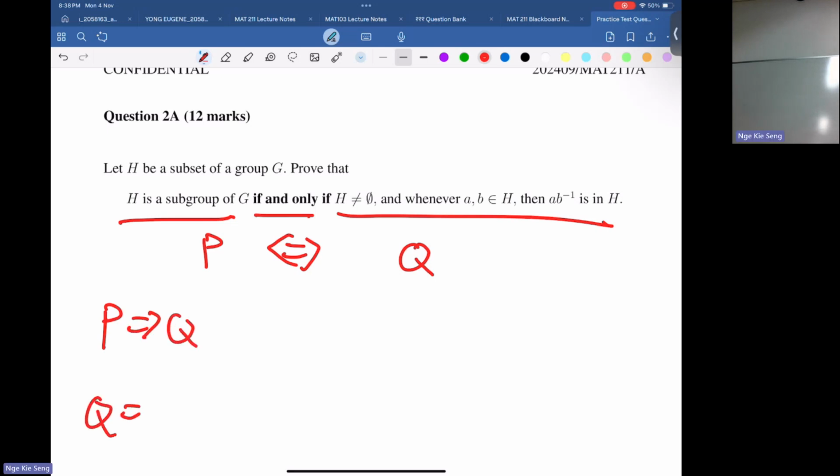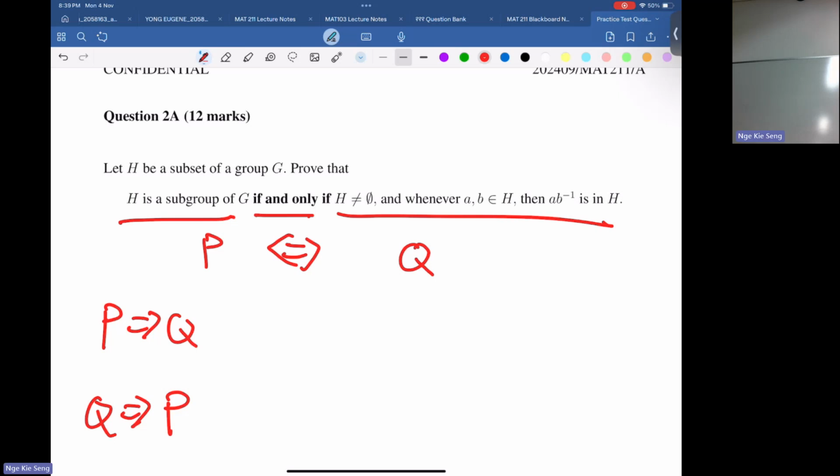Good. If you want to do P implies Q, what do you need to do? You need to prove 2 things: H is not empty, and whenever A and B are in H, then AB inverse is in H. Why is it not empty?